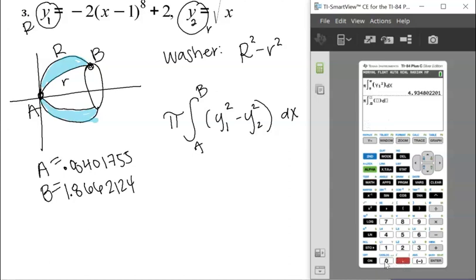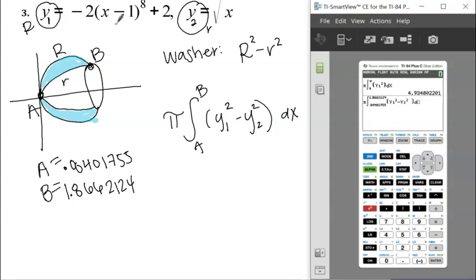So my a is 0.00401755, and then my b is 1.8662124, and then I need to type in y1 squared, so alpha trace, then y1, and then you're going to square it, minus, back to alpha trace, and y2, and then it is also squared.